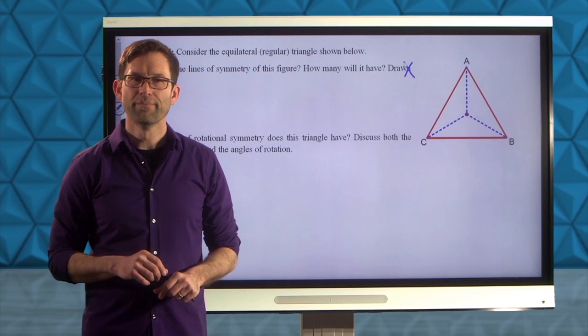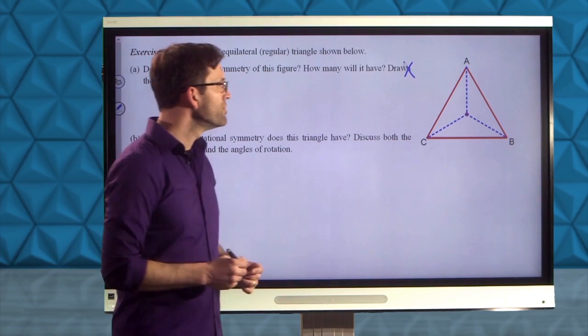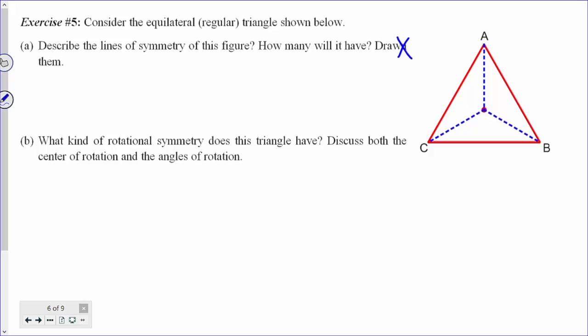Okay, should we go through them? It does say, describe the lines of symmetry. How many are there? Well, there end up being 3 of them, and they look kind of like this. That wasn't very well drawn, but those are our lines of symmetry. How would you describe them?